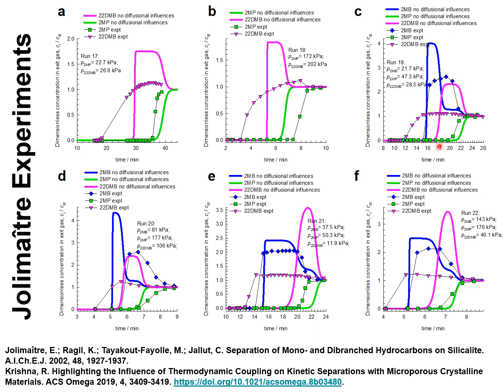This reversal in the order of breakthroughs of 2-methylbutane and 2,2-dimethylbutane is purely ascribable to the significant differences in intracrystalline diffusion, due to the significantly lower mobility of 2,2-dimethylbutane within MFI zeolite. 2,2-DMB elutes first. So diffusion overrides the hierarchy of adsorption.